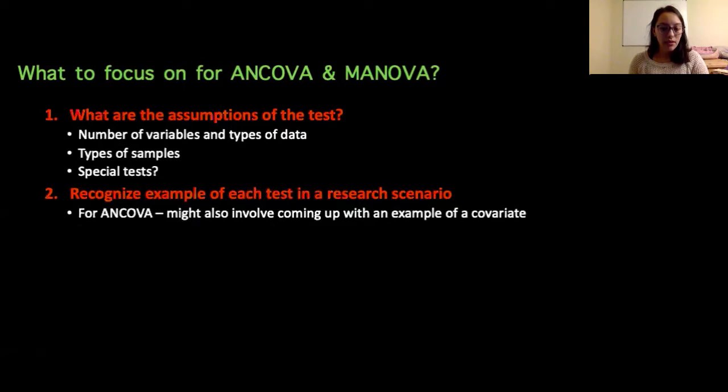And then also, as far as recognizing examples in research scenarios, that'll go for any of the tests that we've looked at so far, but this is probably most applicable to MANOVAs if you're just reading a research example, because those outputs are a bit harder to digest. But for ANCOVA, it might also be coming up with an example of a covariate, which we'll talk about in a little bit.